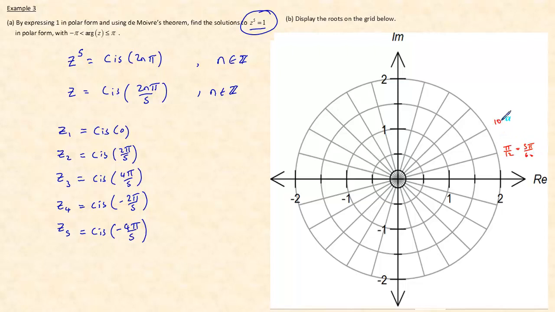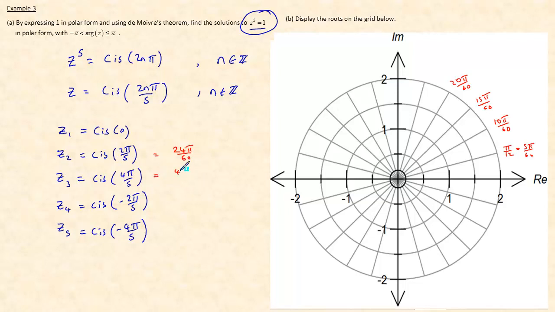So this one would be 10 pi by 60. And this one would be 15 pi by 60. Then we've got 20 pi by 60. And so on. So this one here is going to be 24 pi by 60.